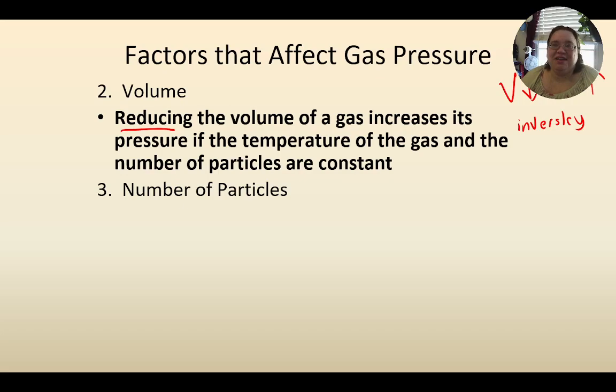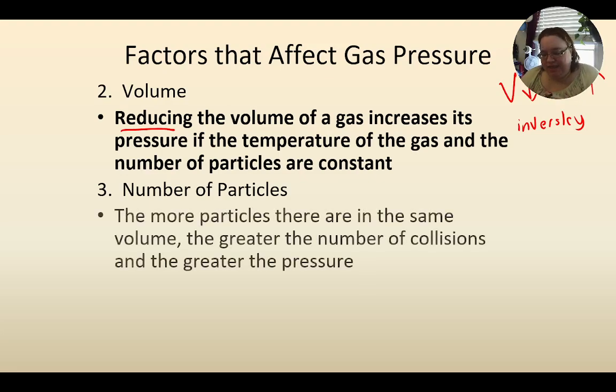The third thing that affects the pressure of a gas is the number of particles. Think of this as the amount of gas in the container. The more particles that you have in the container, the more times particles are going to hit the side of the container. Again, assuming a rigid container. If I push more gas into that container, if I increase the number of particles, then my pressure will also increase.